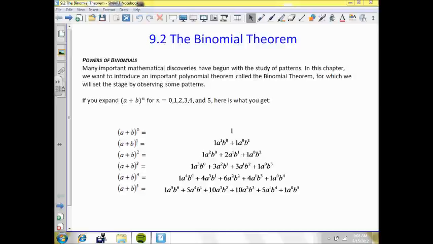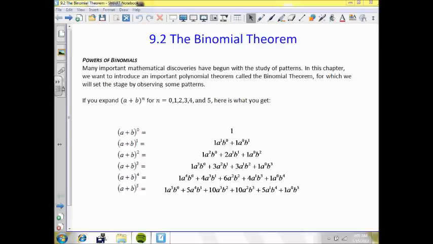A plus b to the second will be 1a squared plus 2ab plus 1b squared. A plus b to the third will be 1a to the third plus 3a squared b plus 3ab squared plus b to the third.